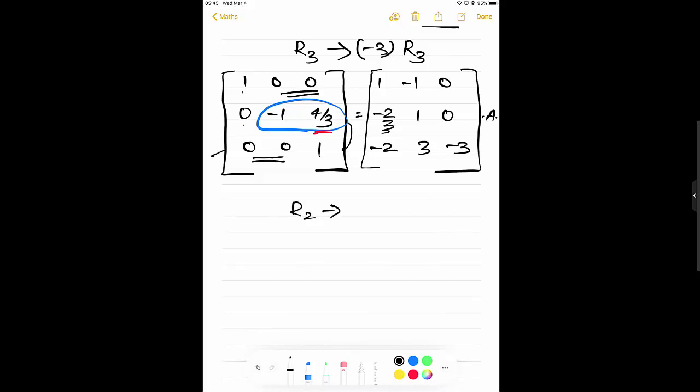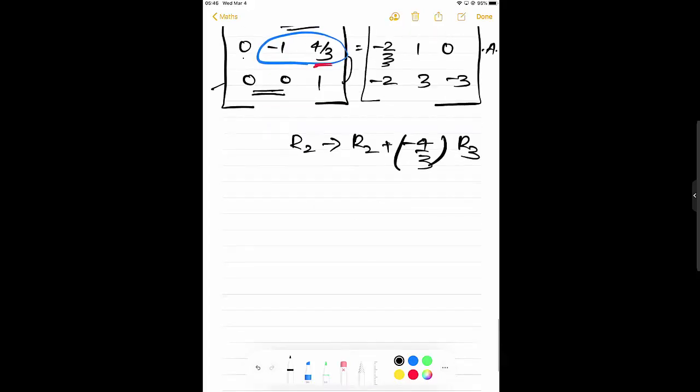Row 2 implies row 2. I want to change 4 by 3, so what I will do is multiply minus 4 by 3 to row 3. So R2 will be 0, minus 1, 4 by 3, then minus 4 by 3 R3, then it will be 0, 0, minus 4 by 3.